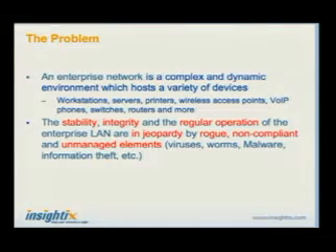I can ask you how many of you know exactly what you have on the network, and basically no one will raise his or her hand. Because in any given moment we don't have control over the enterprise LAN, and that's the number one problem that we have with security today. We secure the perimeter, we do good VPNs, we do a lot of other good things, or we try to, but at the end of the day, we really don't know what we have on the enterprise LAN.